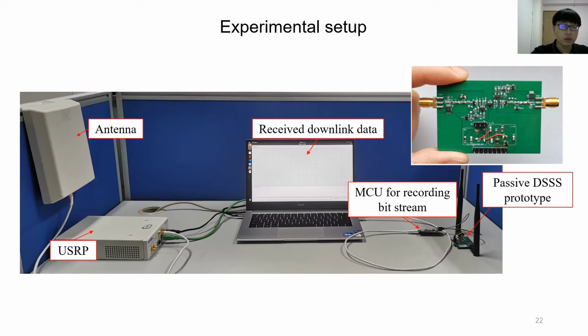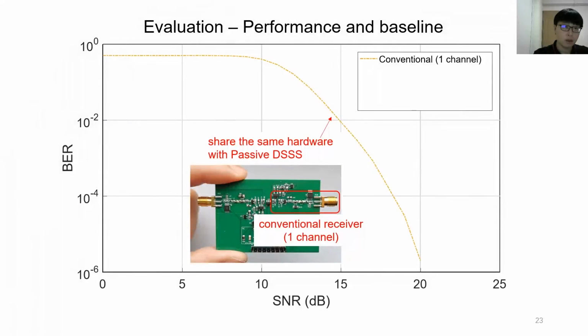To evaluate our prototype, this is our experiment setup. We use a USRP as our gateway, and the passive digital-based prototype will receive the downlink transmission and send the received data to the MCU. Finally, the laptop will receive the downlink data and compute the BER. We evaluate the communication performance.